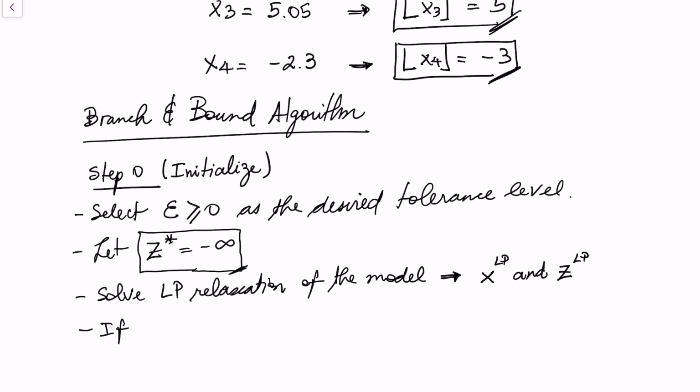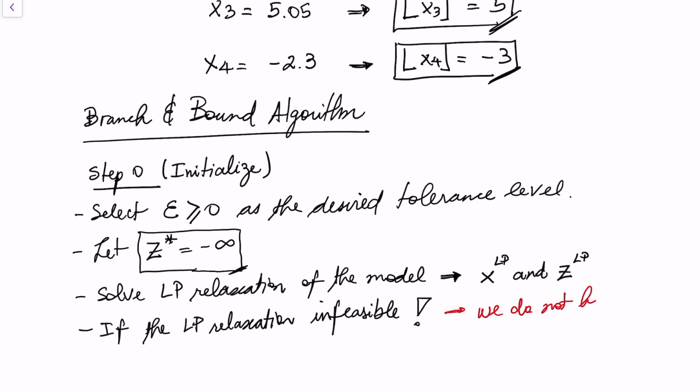If the LP relaxation is infeasible, it means that we were not able to find a solution for that LP relaxation. So if we don't have a solution for the LP relaxation, this means that we also don't have a solution for the IP, or the integer programming model.